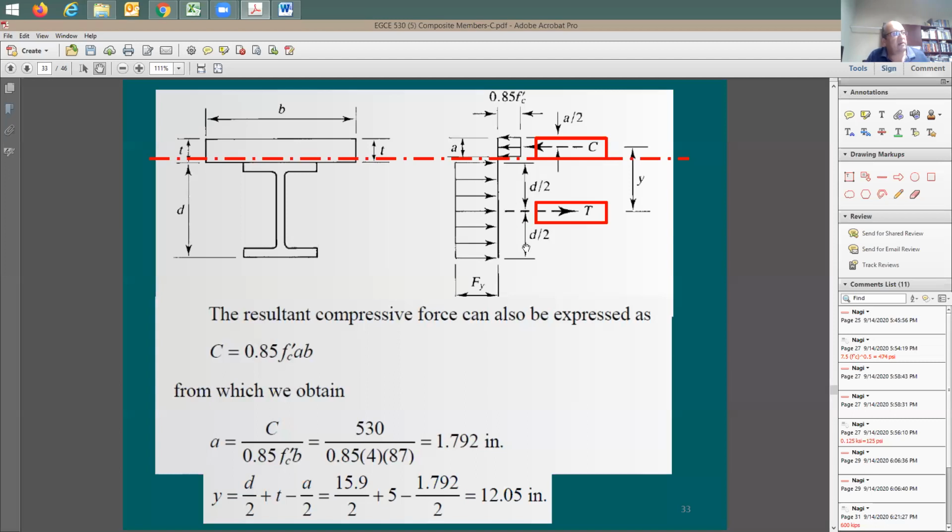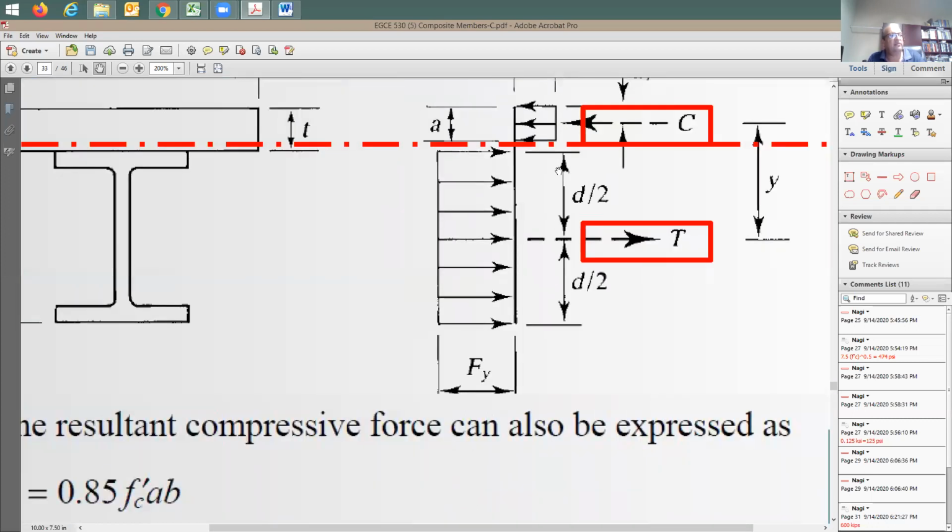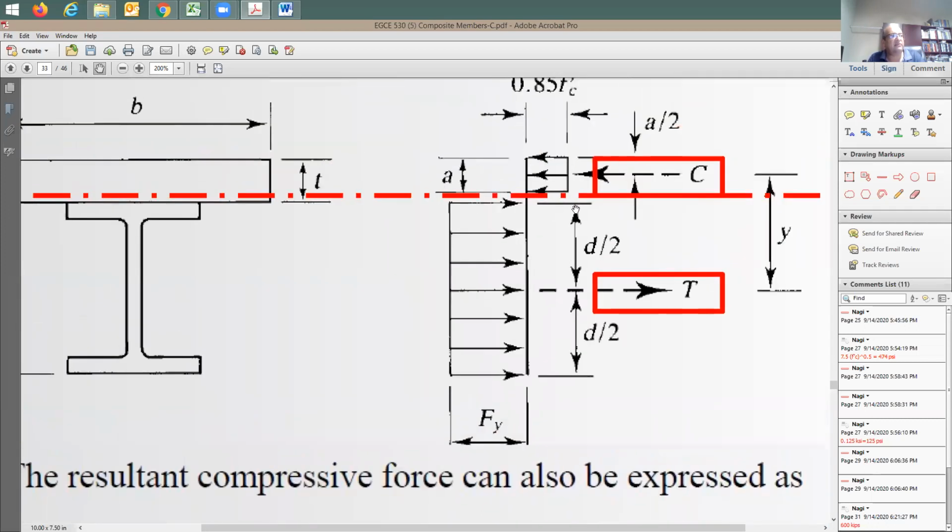And the compression is going to be in the middle of the concrete block depth, at a/2 from the top. Now, how much is the distance between tension and compression? It's going to be equal to d/2 plus the slab thickness, the 5 inches, subtracting a/2.